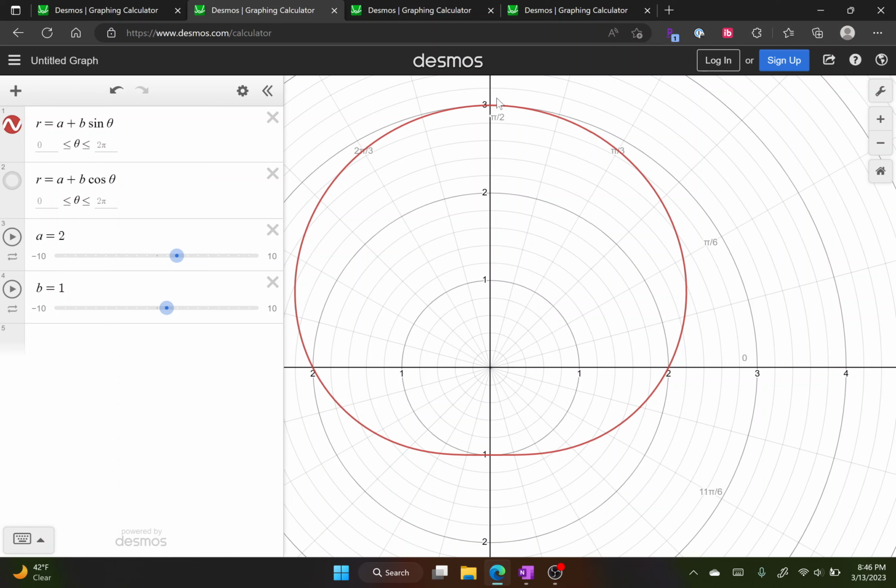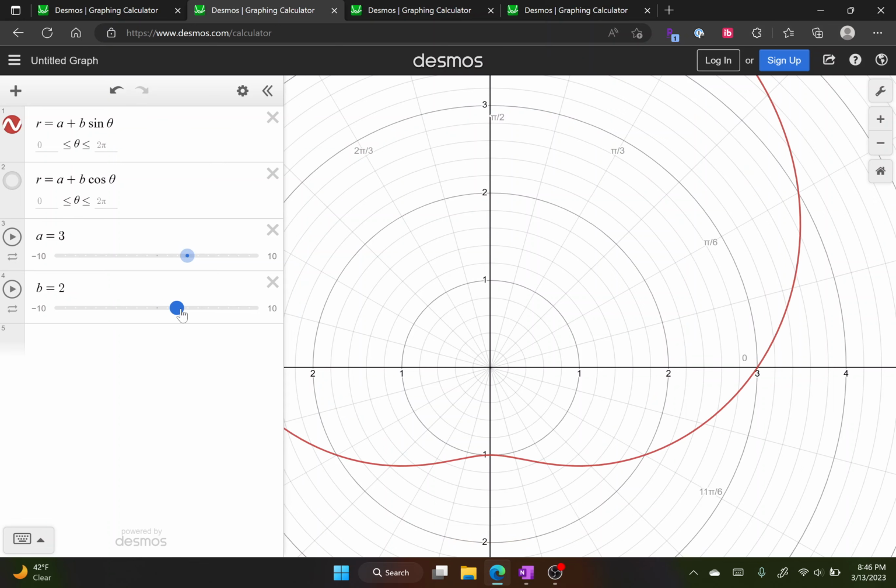So up here, we have our maximum radius as 3. We get 3 by adding 1 and 2. Then on this other side, our radius on the smaller side, our kind of dent, is going to be at 1, which is the difference between 2 and 1.